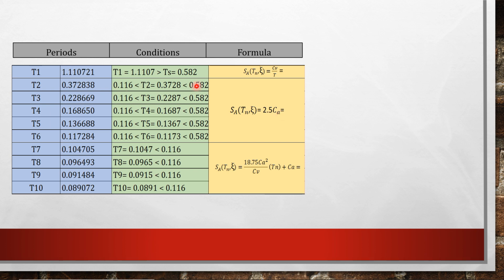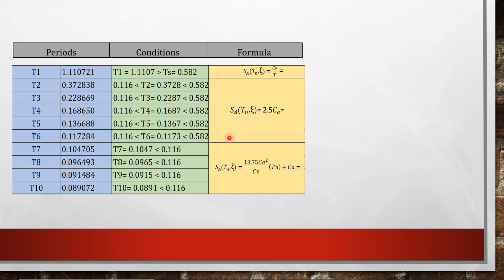So, itong period 2 to period 6, ang period dito is greater than 0.116 but less than 0.582. So, since yun yung mga value dito, ang gagamitin natin na formula for these conditions is SA is equals to 2.5 CA.